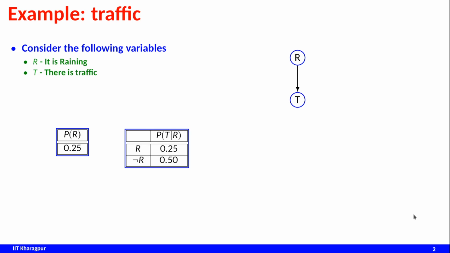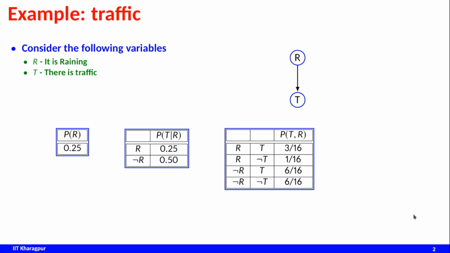Some values we have to provide, and from there we can find out the joint probability, such as when it is raining and there is traffic, when it is raining and no traffic, and so on. We can construct all of that from these two tables.